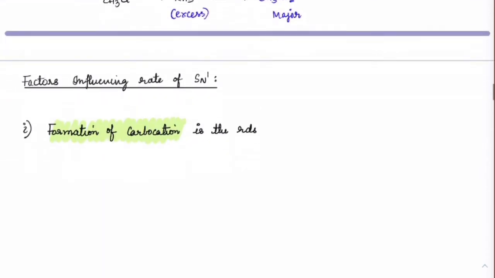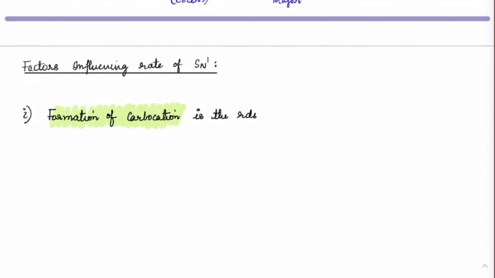Now let's see what are the factors that influence the rate of SN1. Just like how we checked in SN2, there were several factors. One thing is the crowding, then the strength of the nucleophile, correct? And solvent. Here also we'll see what are those factors which influence the rate. The first factor is formation of carbocation, which is very essential.